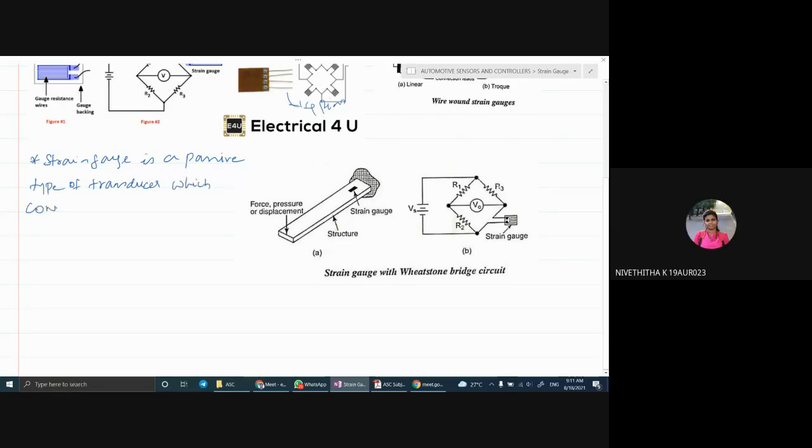Which converts the mechanical displacement, what do you mean by this mechanical displacement, into a change of resistance. So the strain gauge is a passive type of transducer which is used to convert the mechanical displacement into a change of resistance.